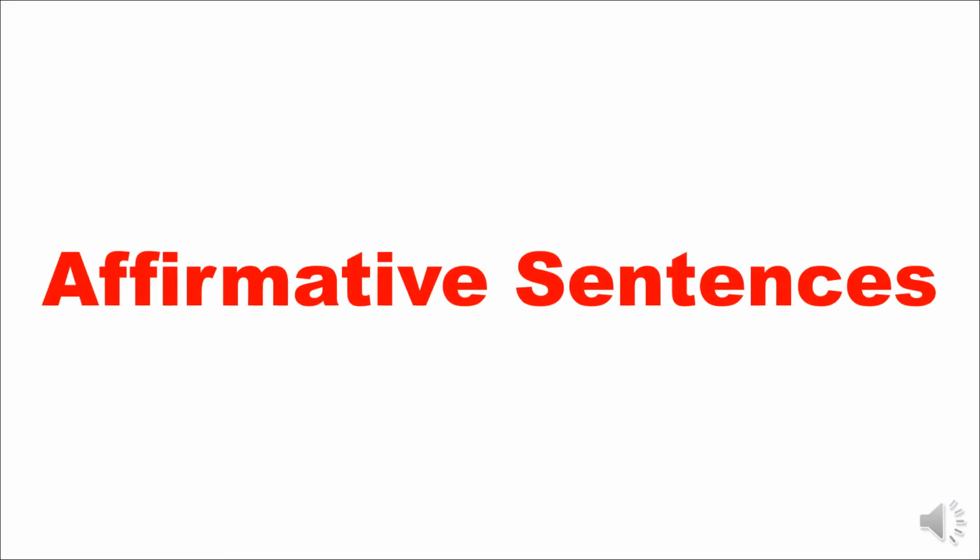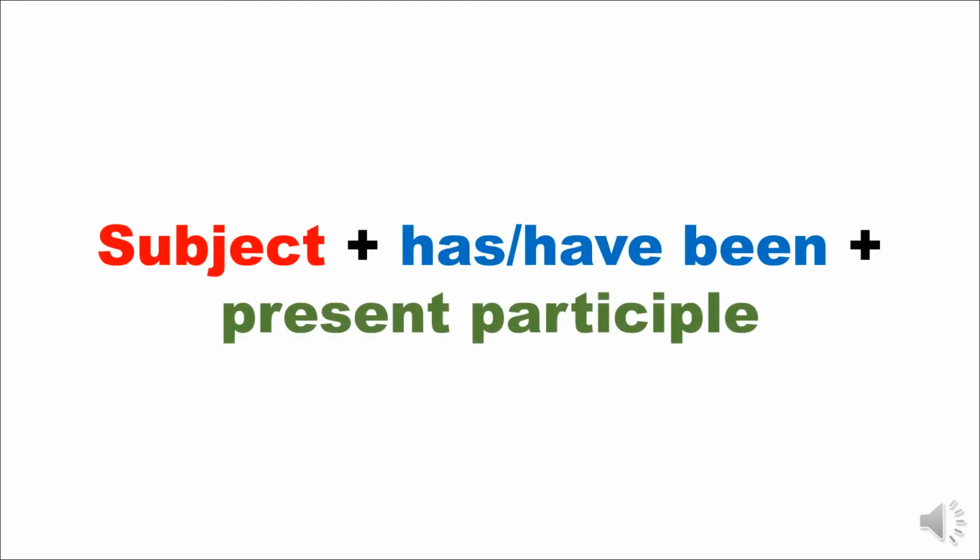First of all, affirmative sentences. While constructing the affirmative form of present perfect continuous tense, we use this type of pattern. We place the subject at first, then has or have been, then the present participle.